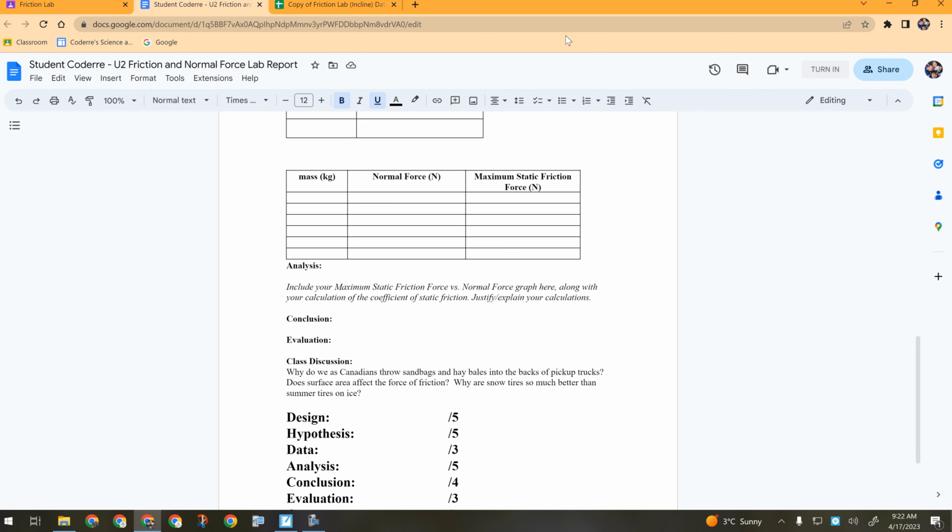Did you wipe off the bottom every time? Because as that goes along, does it sand the wood a little bit? Little things to think about for sources of error that you might not have thought about while you were doing all that. Ways to fix them are also necessary. So 2 sources of error and ways that you could make them better the next time. Only need 2? Only need 2.